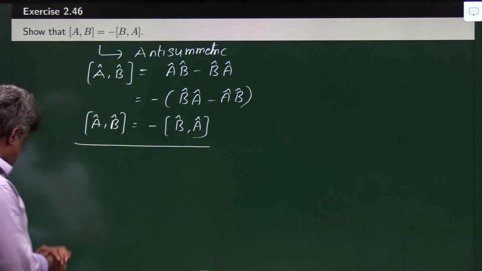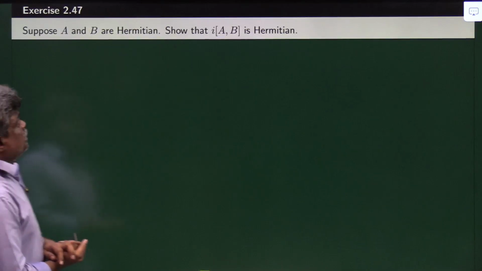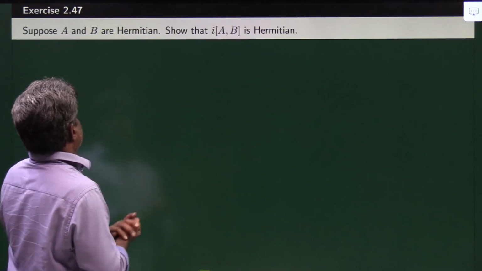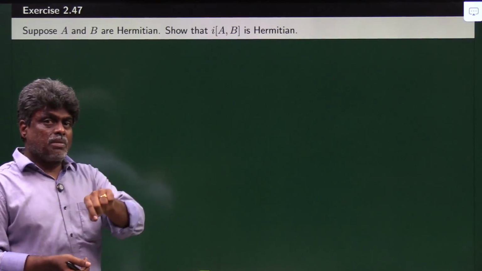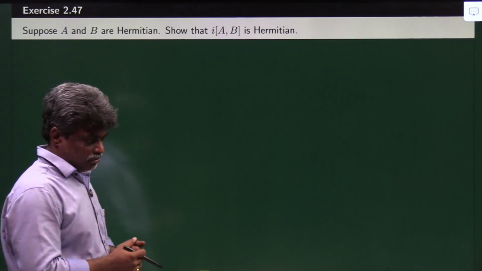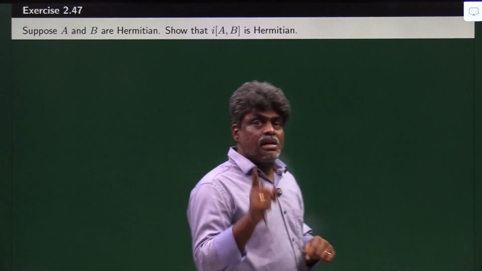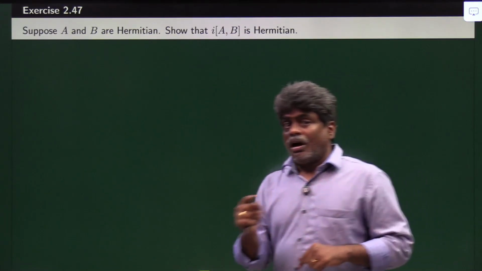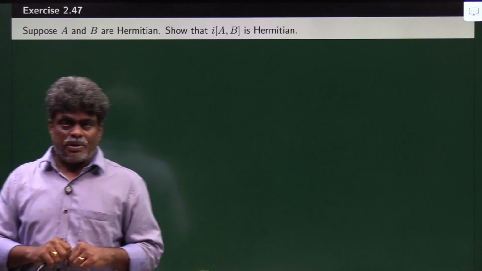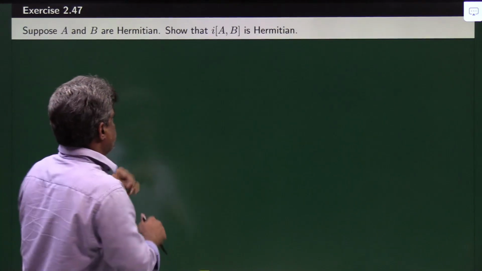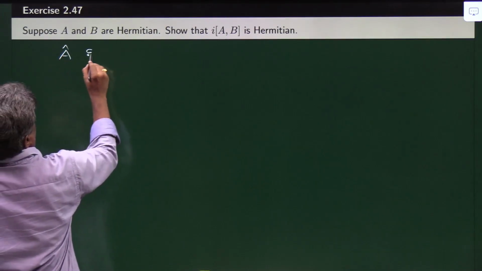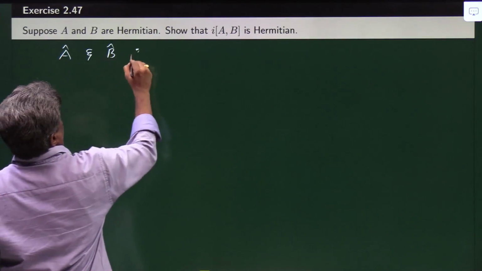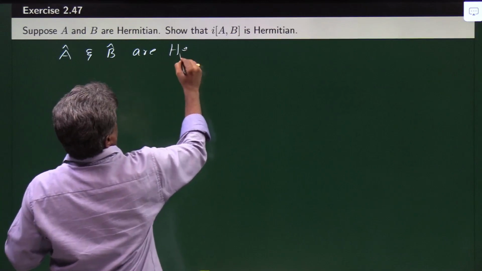Okay, right. Next question. Here they are asking: if A and B are Hermitian, show that iota [A, B] is Hermitian. Actually, the commutator is anti-Hermitian, and iota [A, B] is Hermitian. Let us discuss both. Here they have given that operators A and B are Hermitian.